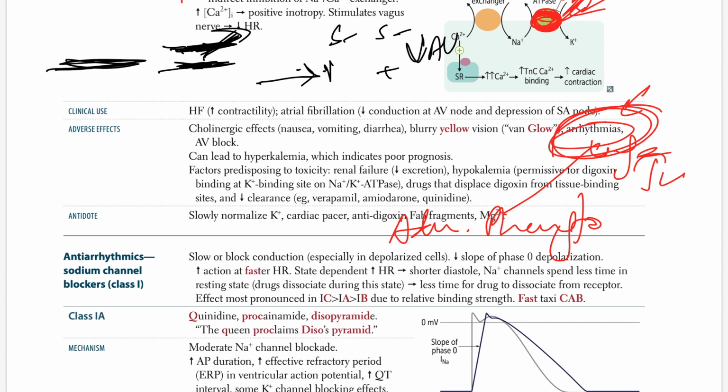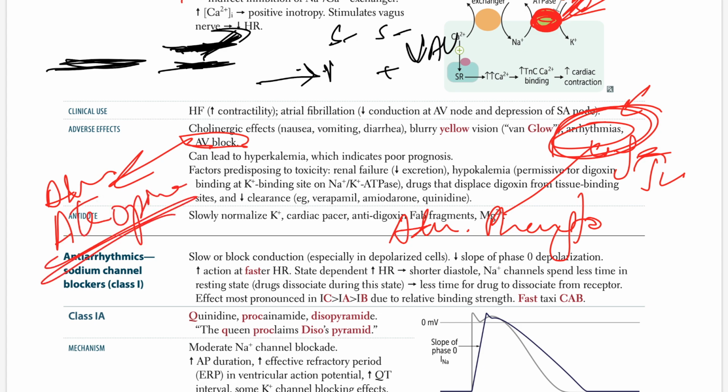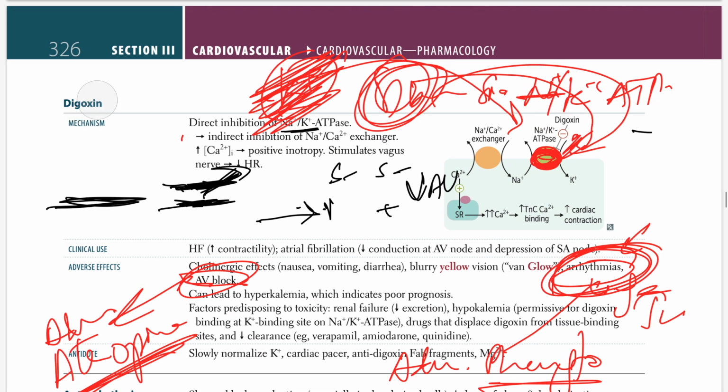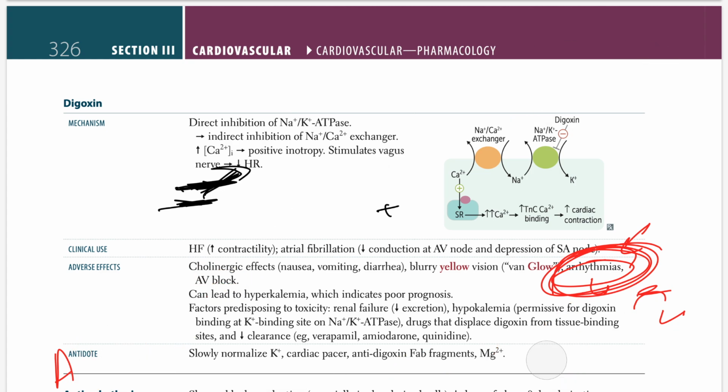Okay, and if they go into heart block, you administer atropine. So AV block or heart block, atropine; arrhythmia, phenytoin. And that is going to be all for digoxin. So let's just quickly review the whole thing and move on.